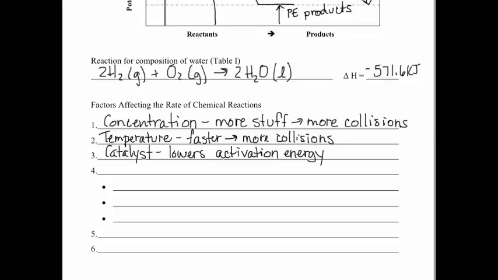The next thing would be the nature of the reactants. And I have a couple of bullet points here to explain a little bit more about that. So your reactants and what their nature is can affect the rate of the reaction. So the first thing, and I think this will make a lot of sense to you, is that gases actually react faster than liquids.